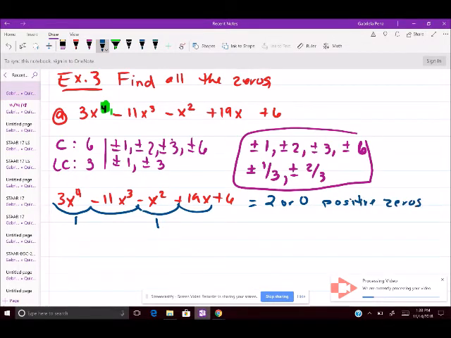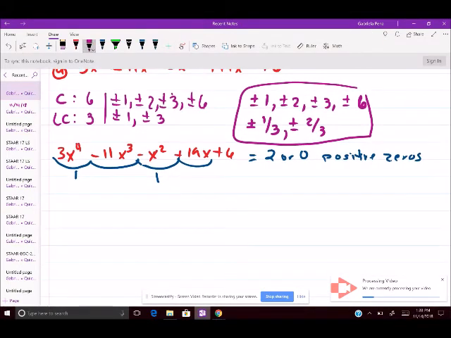zeros. And then I was supposed to go back and plug in who? A negative, right? So 3 times the negative x to the 4th minus 11 times the negative x to the 3rd minus negative x squared plus 19 times negative x plus 6.